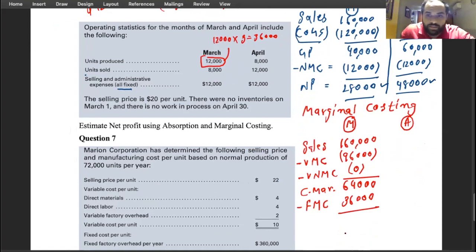So it will be 28. Can you check? How much is net profit? Oh, we have to minus. Wait.